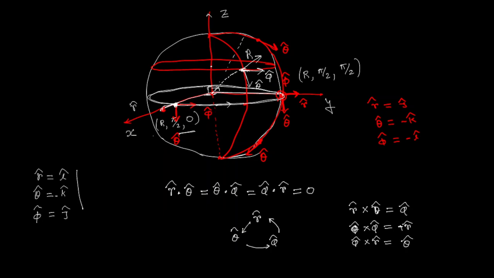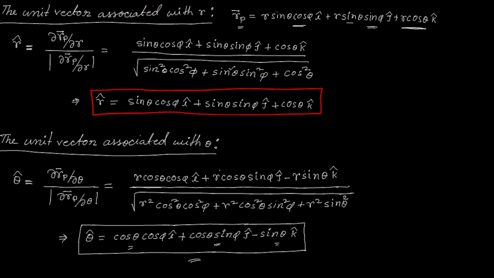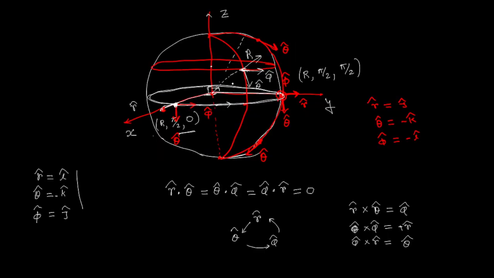But if you reverse this cycle, theta cross r gives you minus phi cap. Similarly, phi cross theta gives you minus r cap. And r cross phi gives you minus theta cap. Okay, so this is the direction, and we have already calculated the mathematical expression of theta cap and r cap. And we have also seen in this figure the directions of r cap, theta cap, and phi cap.